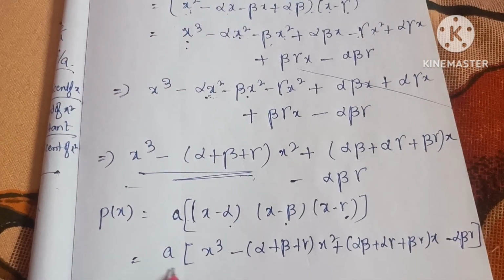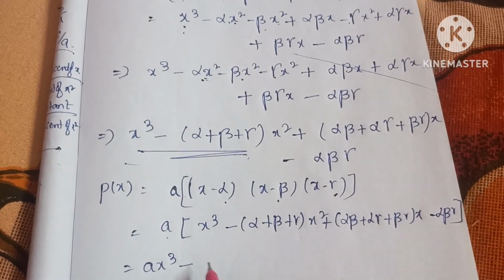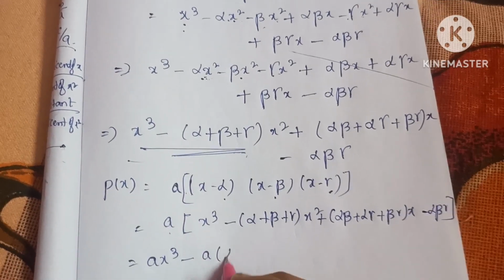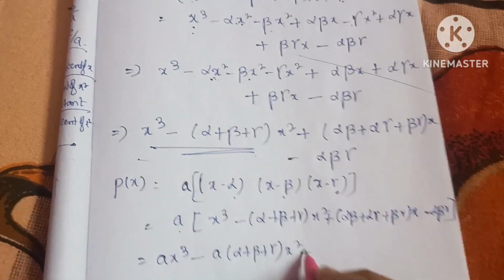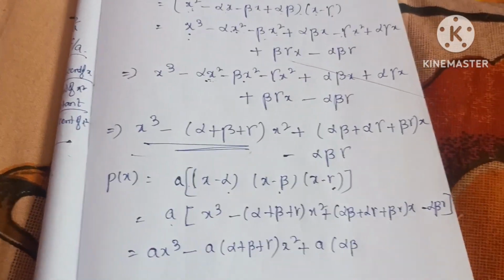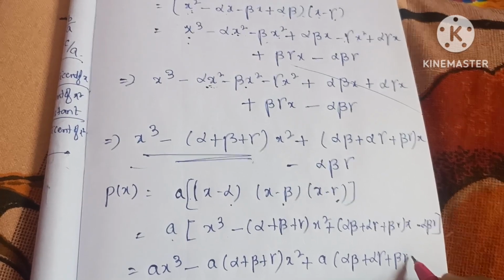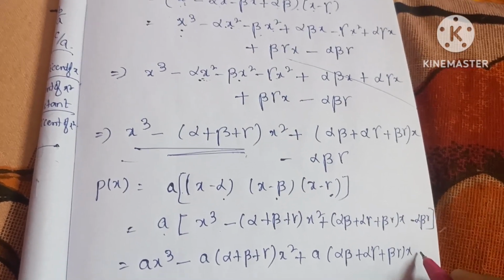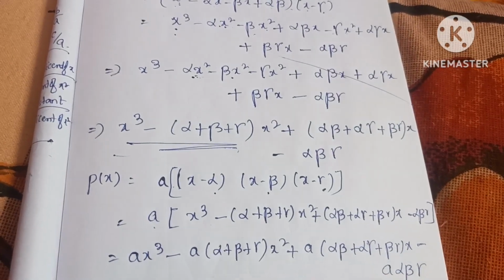Now you have to multiply a into x cube minus a into alpha plus beta plus gamma into x square plus a into alpha beta plus alpha gamma plus beta gamma into x minus a into alpha beta gamma.